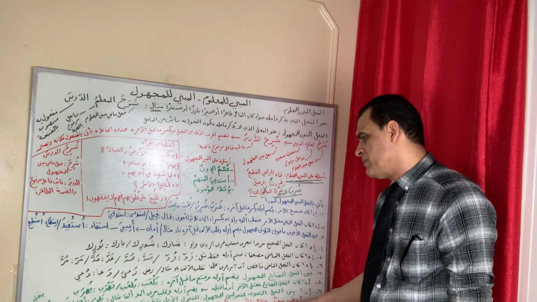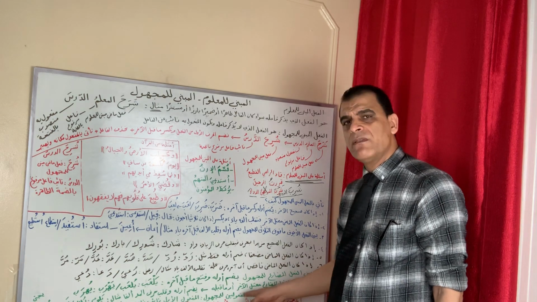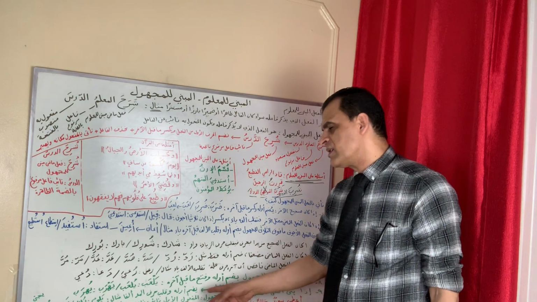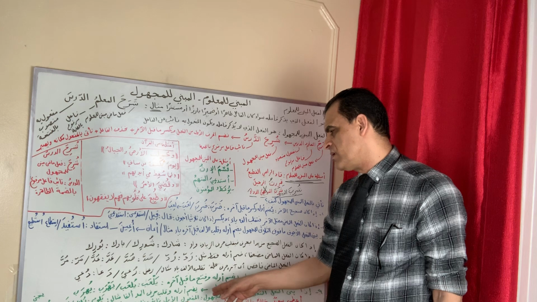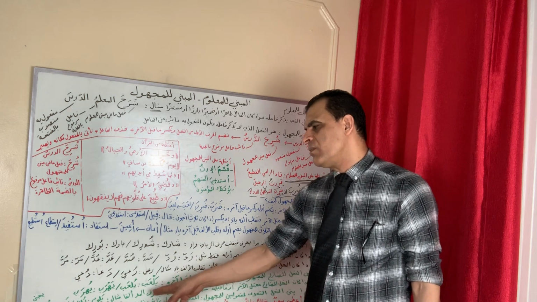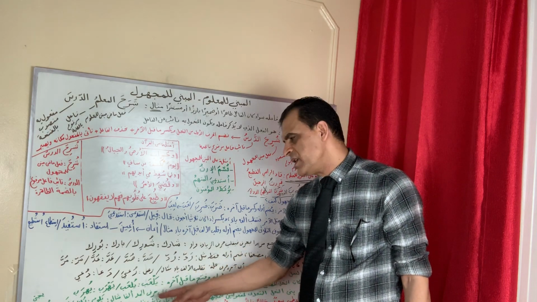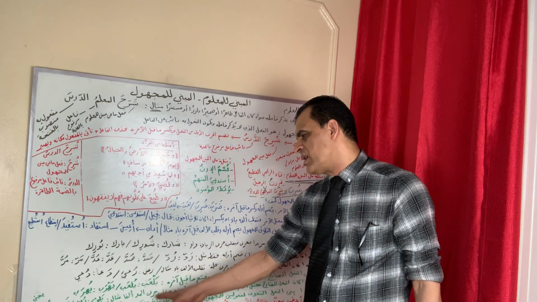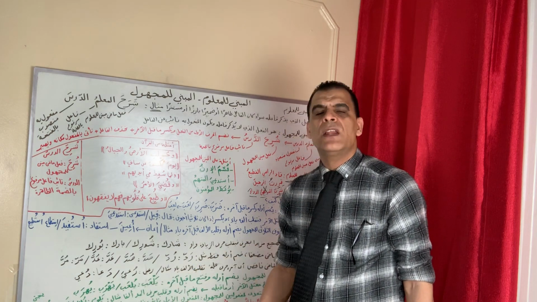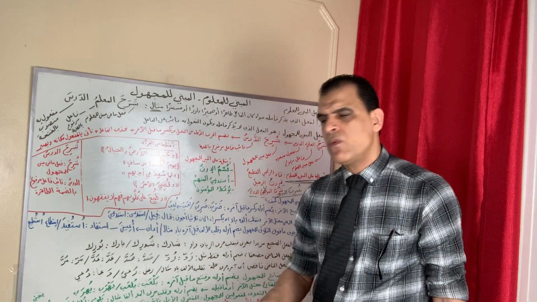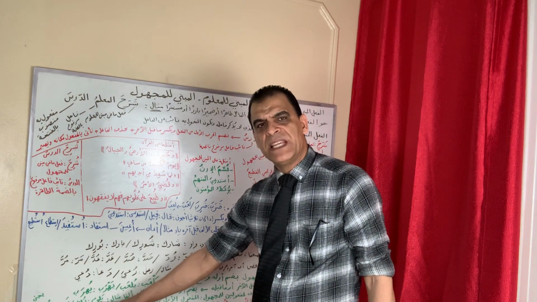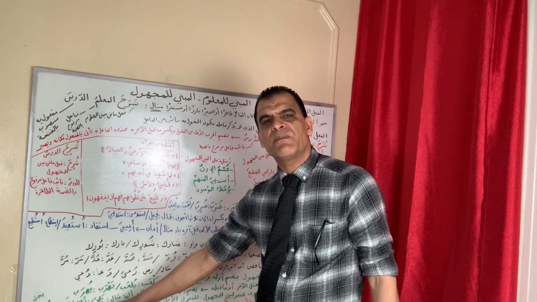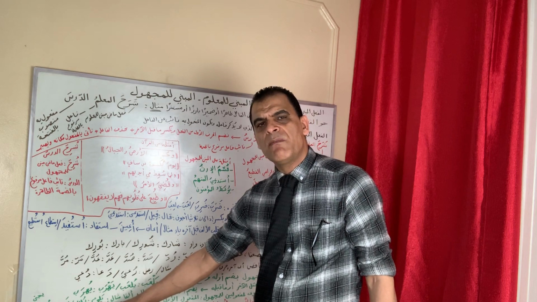يهرب, يُهرَب. طيب, if the verb is معتل للآخر, meaning the end is a حرف علة, يضم أوله ويفتح ما قبل آخره, and you make a ضمة at the beginning and make it ألف مد. يلوم, we have واو. So how do we make it passive? We make a ضمة on the first letter, يا, يو.